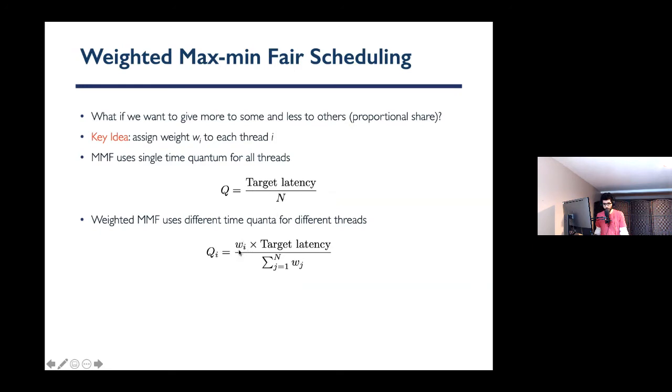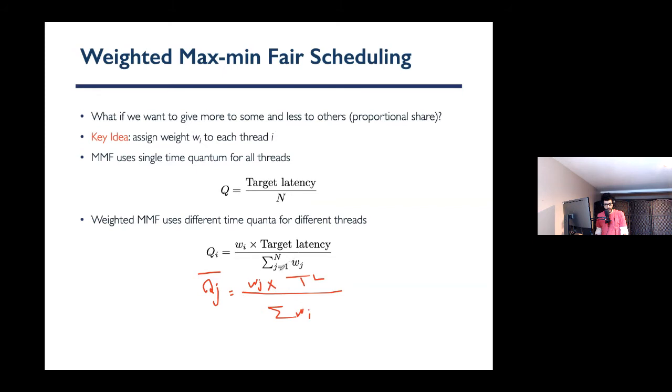But if threads have different weights, then each one of them gets a different time quantum. If you divide the time quantum of thread i by the time quantum of thread j, the target latency in both of them gets canceled. Let me actually do that. Let's say we want Qj. Qj equals Wj times target latency divided by the sum of weights.